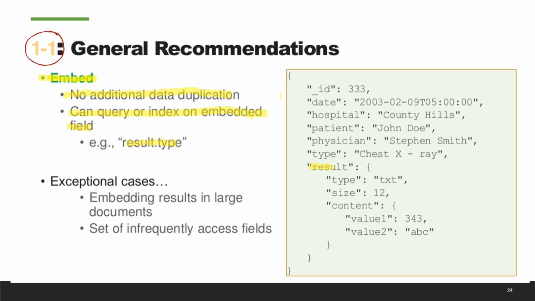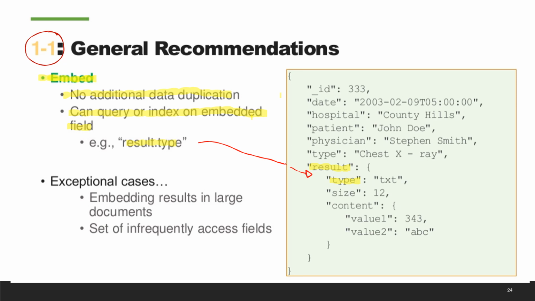It means here result document, result attribute, and then dot means in the embedded document, referring further to the type attribute. Okay, so result.type will refer to this.